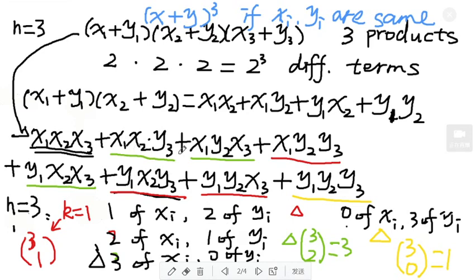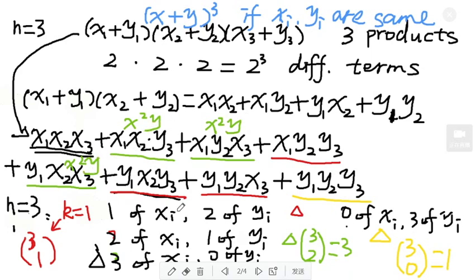What is the green color's term? If all the x are the same and y is the same, which means we have x squared y. This is x squared y. If all the x and y are the same, x squared y. Here, it's also x squared y. So if they are the same, you can combine those 3 terms, right?